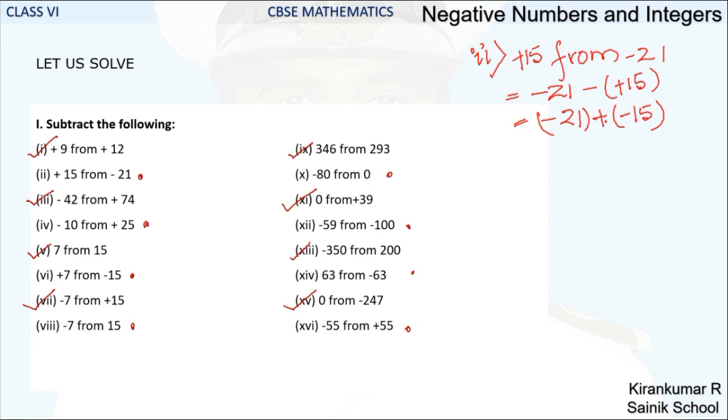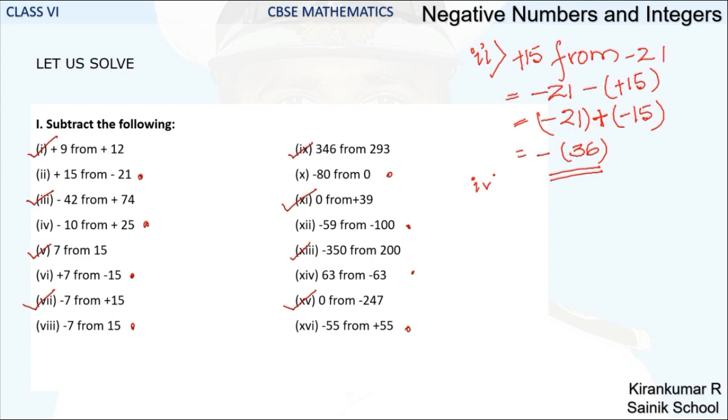It becomes negative 15 when I am adding. When same signed integers or like integers are added, we take the same sign and we add the absolute values. The absolute values are 21 and 15. When they are added, we get 36.